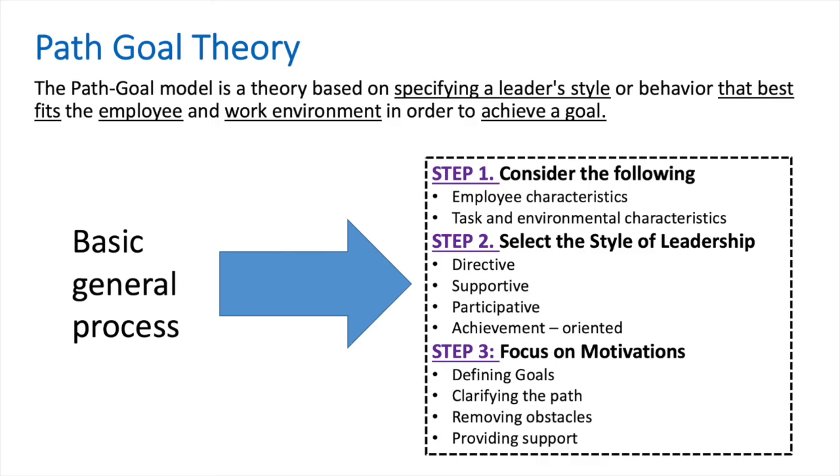Then out of the 4, you will select the best. And then in step 3, you will focus on motivating or helping that employee to achieve their goals by either defining the goals a little bit more, clarifying the path, or removing the obstacles, and providing support. So this is basically an idea of how you would use this model in a practical manner.